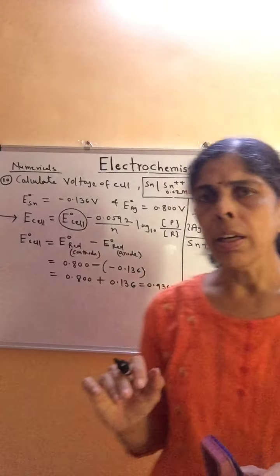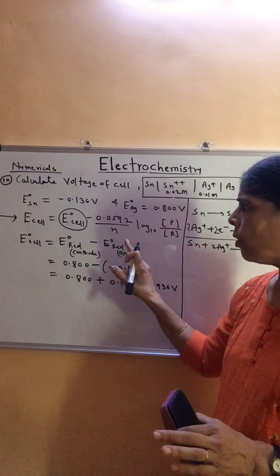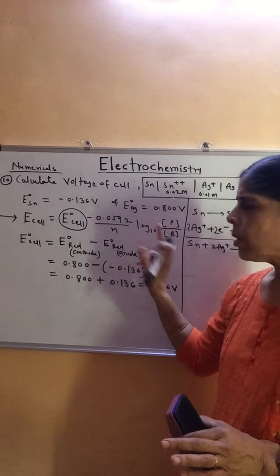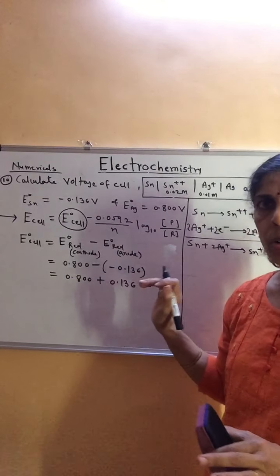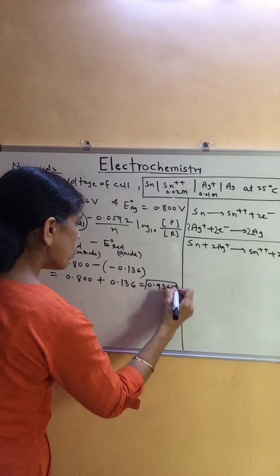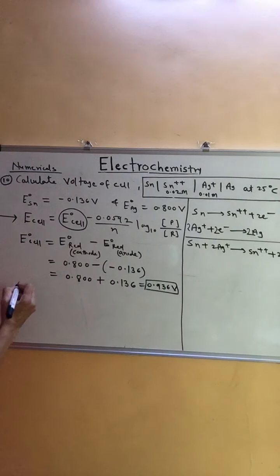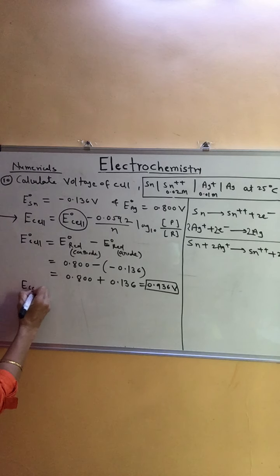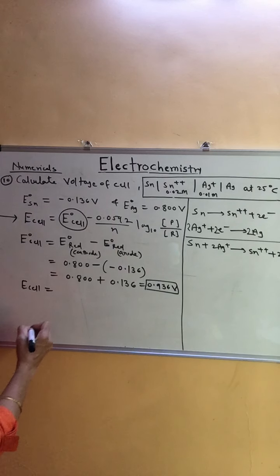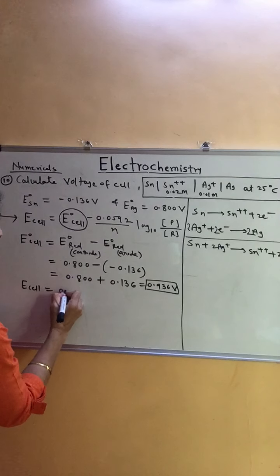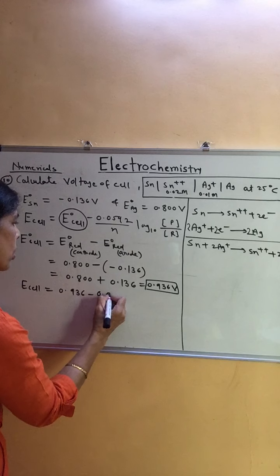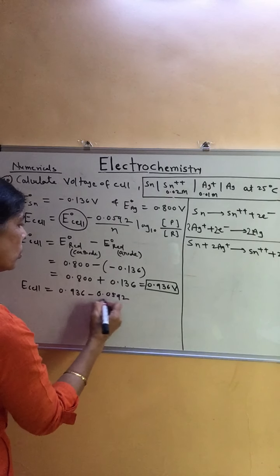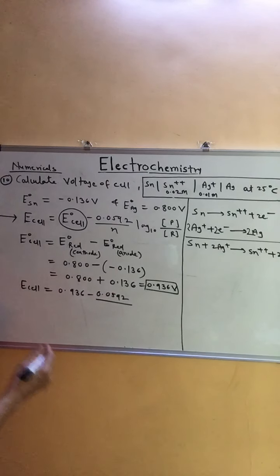You have to calculate it neatly by writing the formula, then the substitution, because marks are there for the steps. So this value you are going to substitute now in the Nernst equation. E cell, which we have to calculate, is equal to E naught cell, that is 0.936, minus 0.0592. What is n?